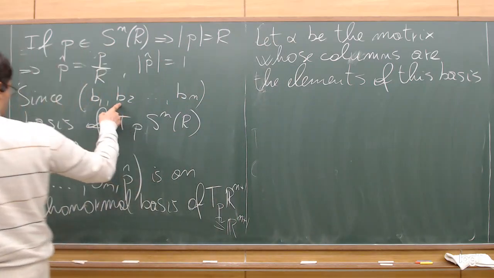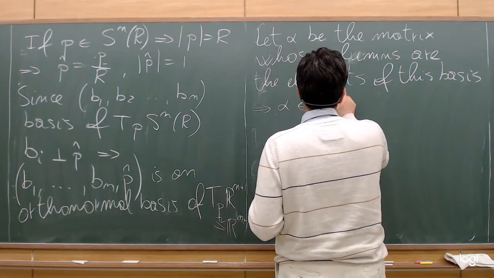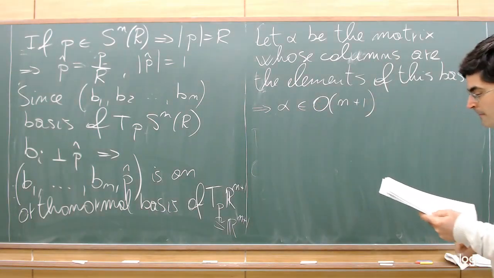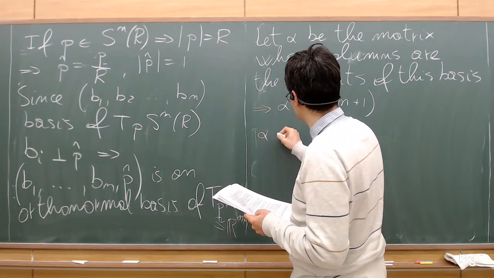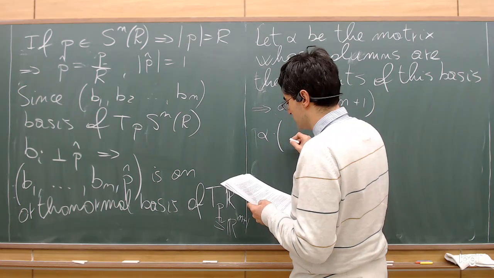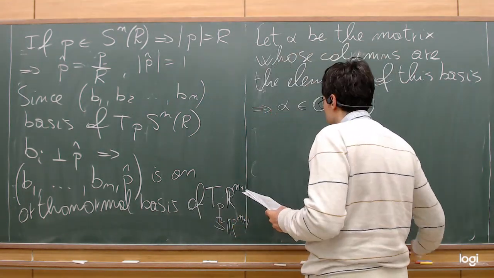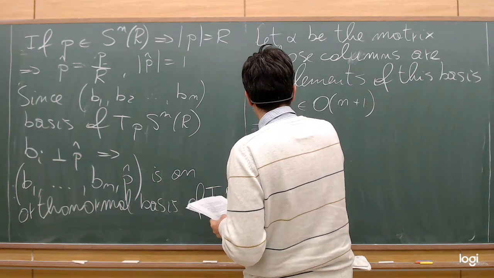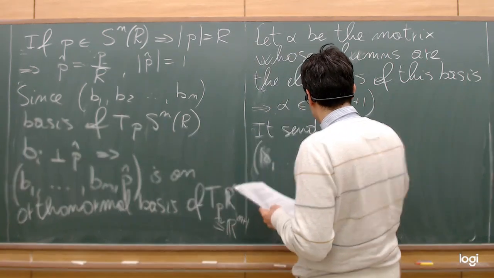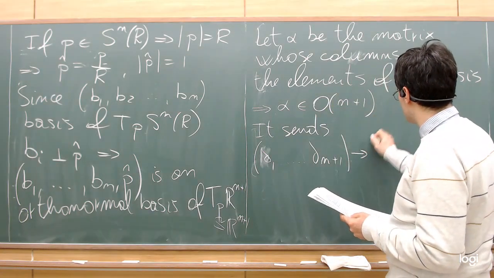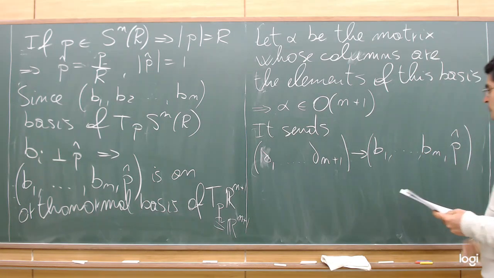Since this is an orthonormal basis and P is length 1, then alpha belongs to O(n+1), and it is clear that alpha sends the basis delta_1, ..., delta_{n+1} to B_1, ..., B_n, P hat by construction.